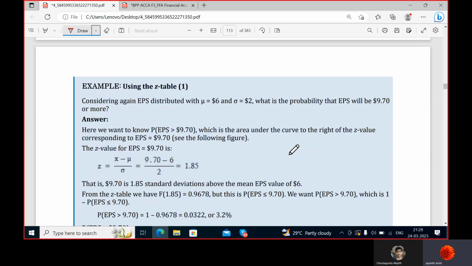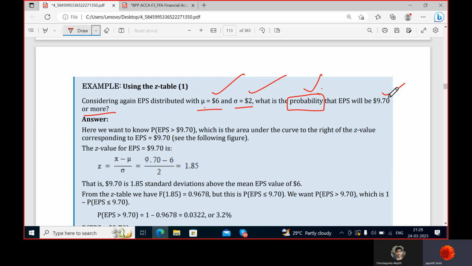So let's do this question, Abhijit. Considering again EPS distributed with mean $6 and standard deviation $2, we have to find the probability that EPS will be $9.70 or more. For this, the first thing is to find the Z score.